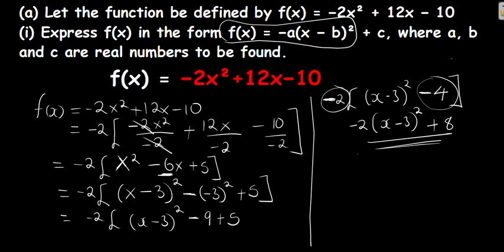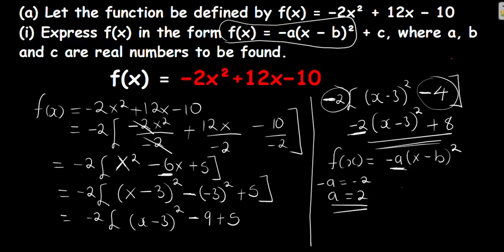So when you have that now, this means that f of x equal to negative a, then x minus b, then squared. So this means that negative a equal to negative 2, meaning that your a is just 2. Okay, how about your c? There's a plus c there, right? So c equal to this part here, which is 8.